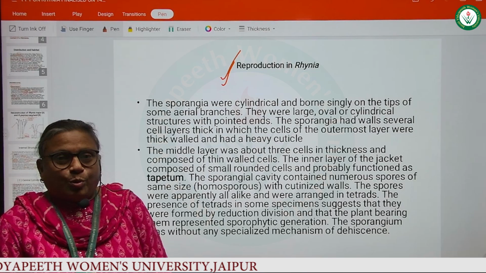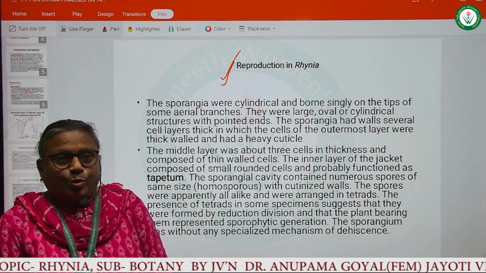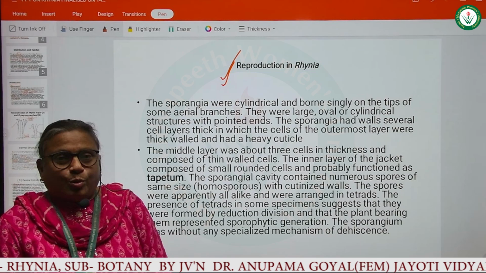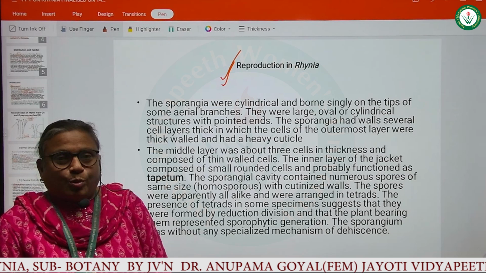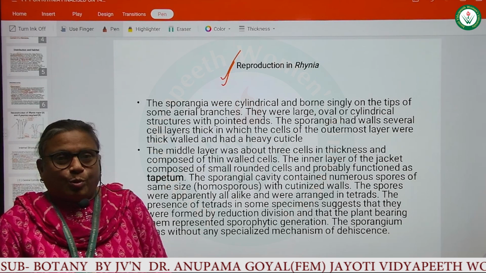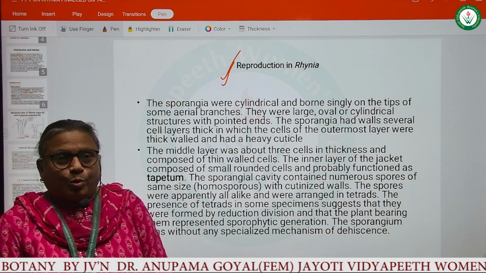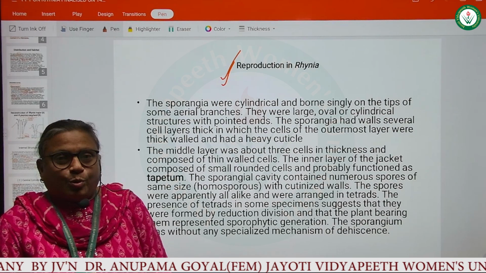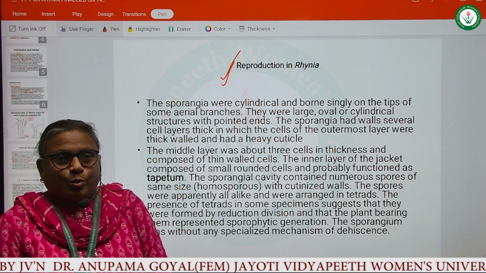For example, Lionophyton, a recently described gametophyte from the RHYNIA chert, does not seem to be related to RHYNIA, but may be the gametophyte of other rhyniophytes.